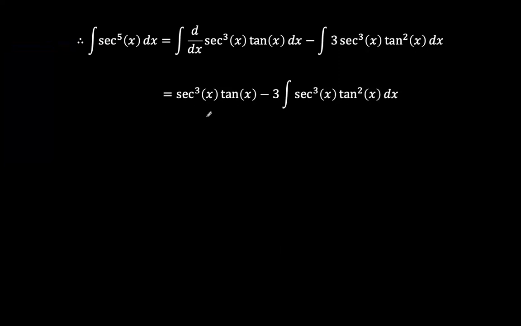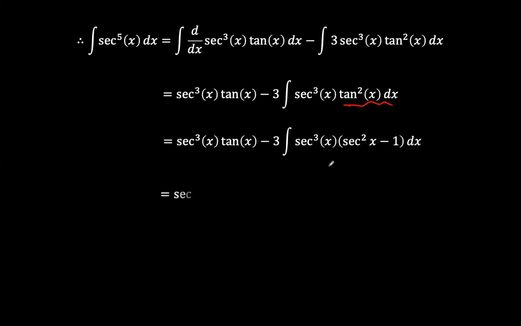So this is obviously a move in the right direction. Now we know that tan squared x is the same as sec squared x minus 1. So if we substitute for tan squared x with sec squared x minus 1, what we get is sec cube x tan x minus 3 times the integral of sec to the power 5x minus sec cube x.